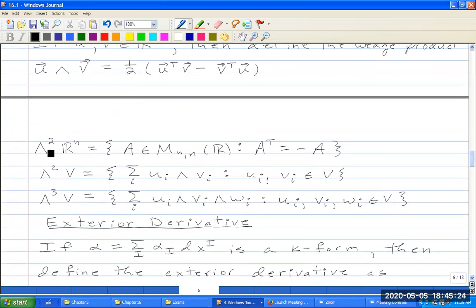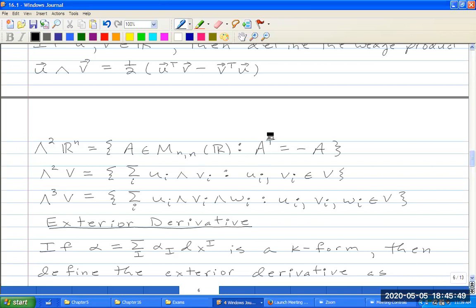So I can define this as, the wedge squared of R^n is just the set of skew symmetric n by n matrices with real coefficients.